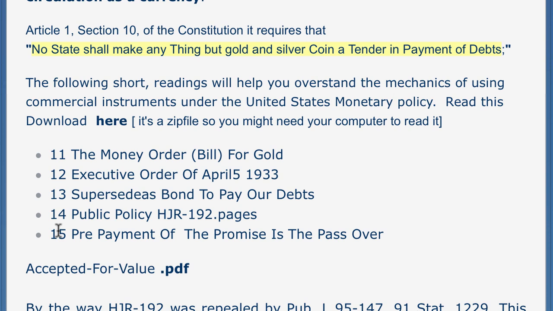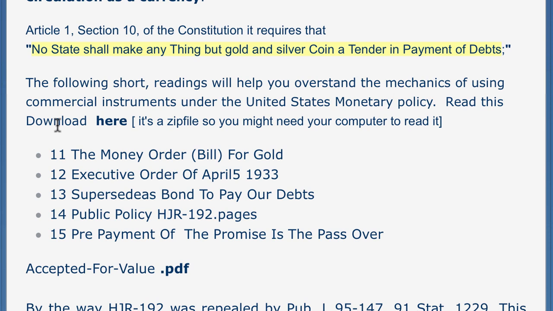So what these writings demonstrate more clearly is how the executive order of 1933, it was an order withdrawing gold and silver from the money of the United States, if you will.